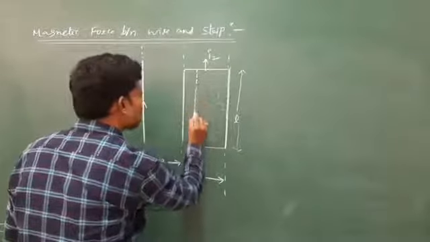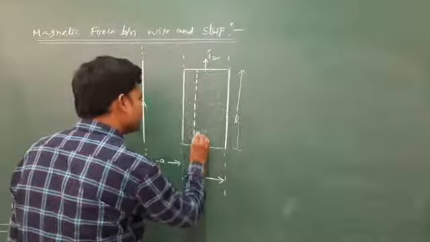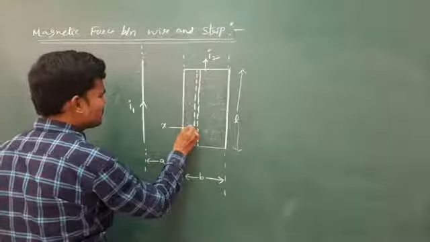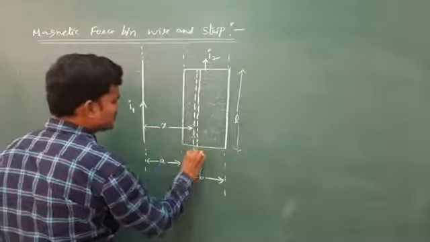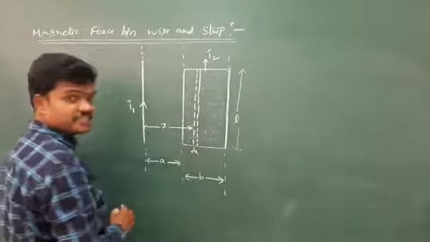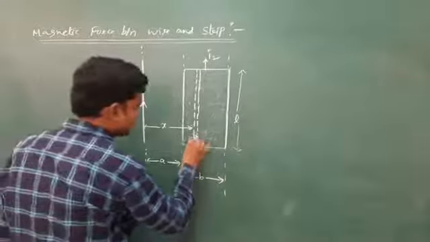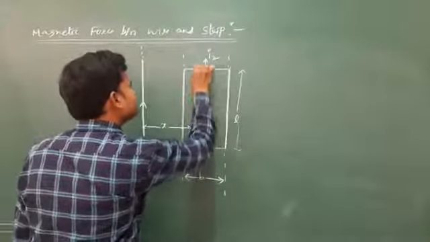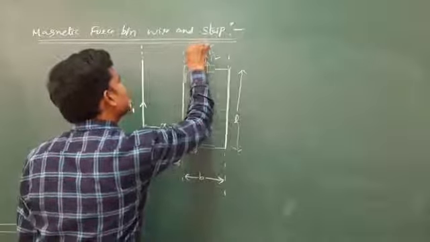I am taking this portion at a distance of x, with thickness dx, and the current in this region is different. Let us consider the current as I dash.